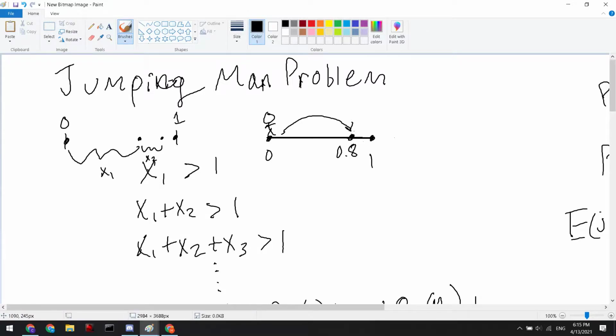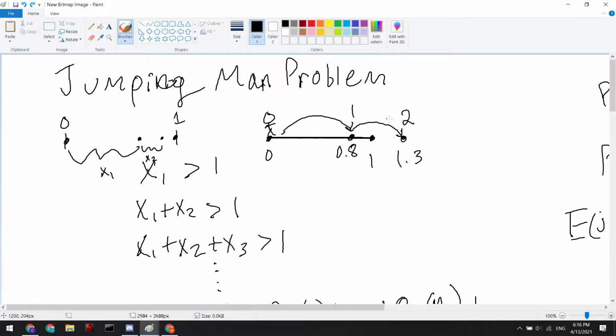What he's going to do is, since he hasn't crossed 1 yet, he's going to try and jump again. So he's going to jump a random distance between 0 and 1. So let's say he jumps over here. And now he's landed at 1.3. Now that he's crossed 1, he has jumped 2 times.